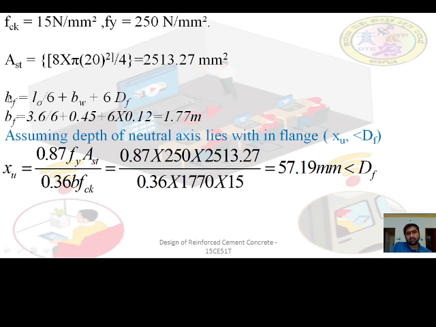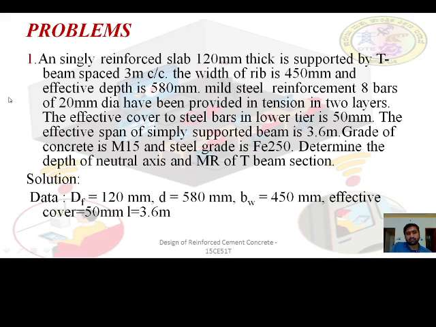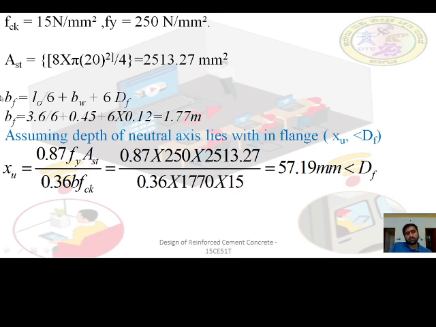Okay. Next we have to calculate the effective width. In the last problem they had not given the effective width. So the effective width is calculated using the formula given on page number 37 of IS 456. So once again you have to see IS 456. L naught by 6 plus BW plus 6 times Df. Here it is in meter. L naught is 3.6 meters, divided by 6, plus BW.